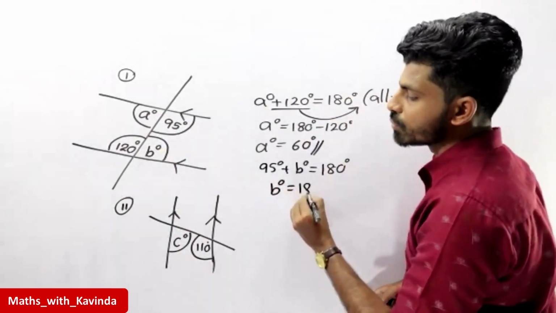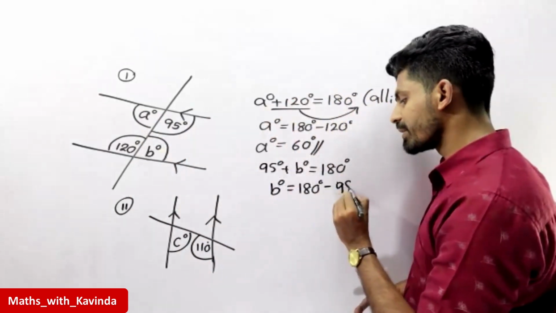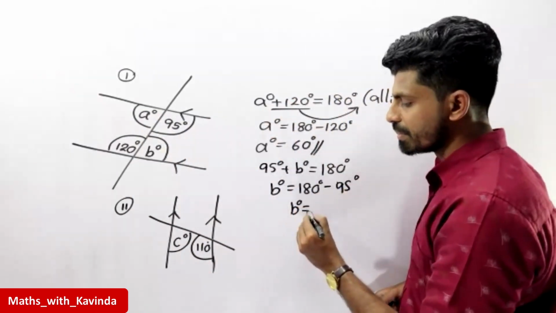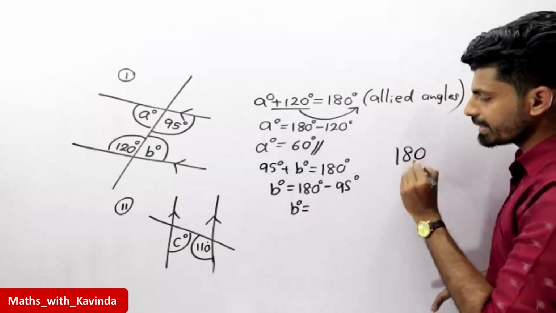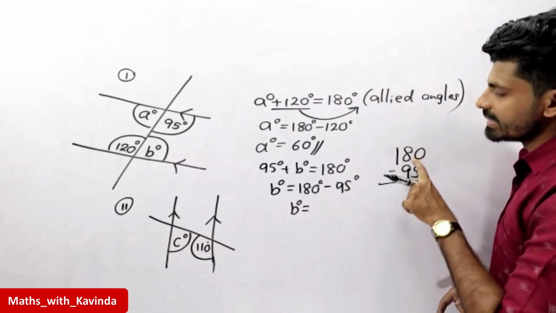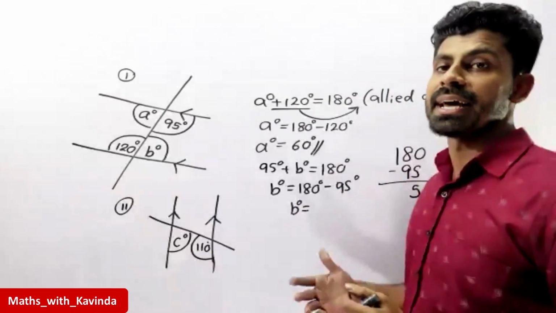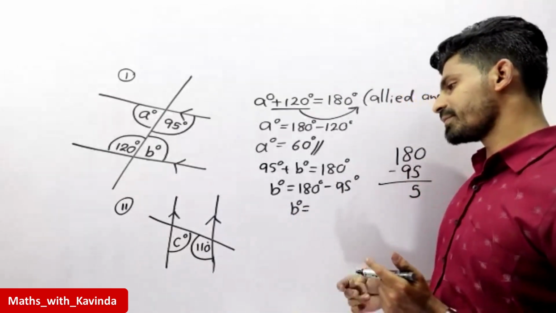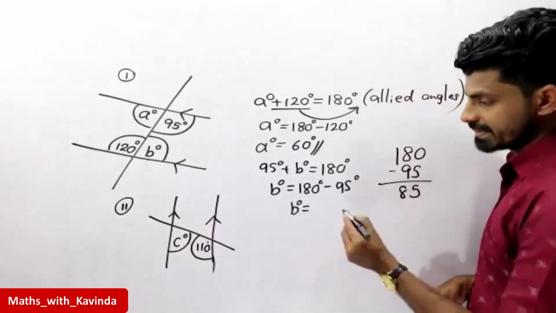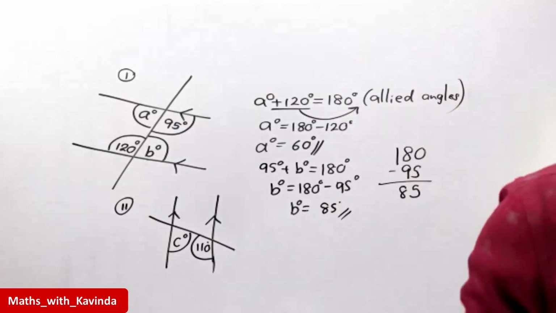Then B equals 180 minus 95, moving 95 to the other side. So B equals 85.